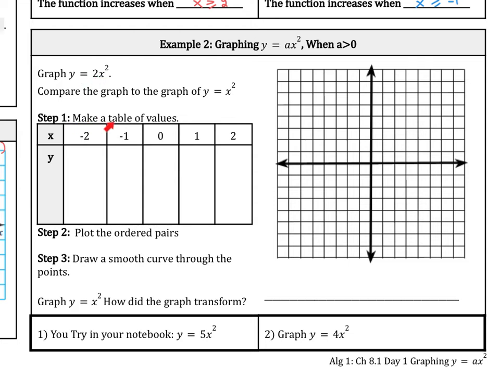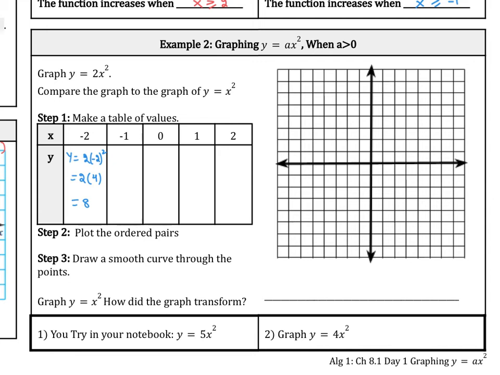I'm going to use the table of values that is given to me. I'm going to use this -2 and plug it in here to find the y value. So y equals 2 times (-2) squared, and that's going to be 2 times 4 because (-2) squared is +4, and that's equal to 8. So the point is going to be -2 comma 8.